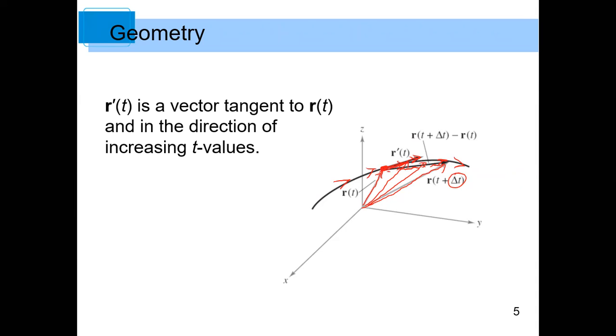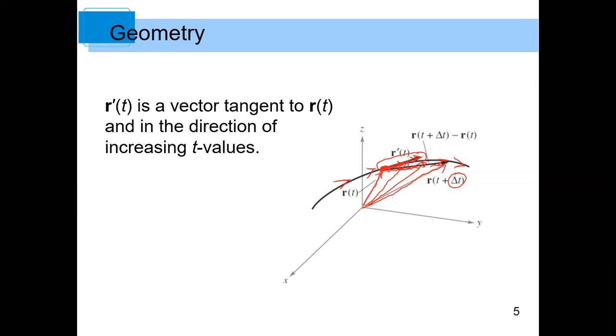But if I divide by delta t, it's going to stretch it back out again. Yeah? And eventually you get this nice little tangent vector right there. That's what's going on. Okay, so in the end, the derivative is kind of measuring the rate of change in the x direction, y direction, and z direction, and that gets captured in a tangent vector to the space curve in the direction of movement along the curve.